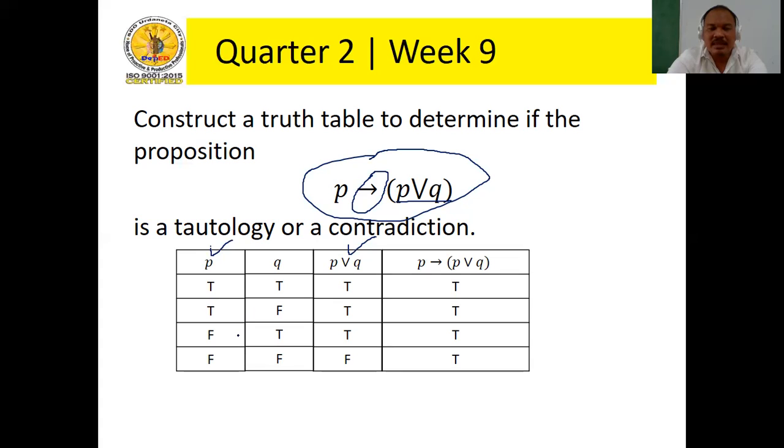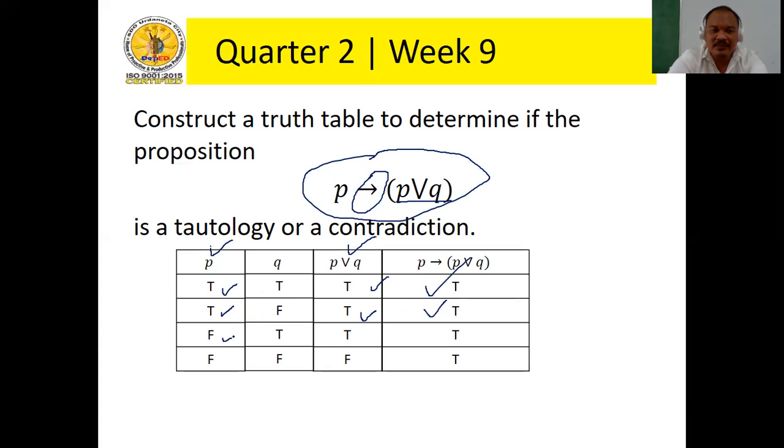So if the hypothesis is true, but the conclusion is false, then this will become false. Okay, so let us have this. True, then true, therefore, this will become true. Your hypothesis is true, then the conclusion is true, therefore, automatically, this will become true.